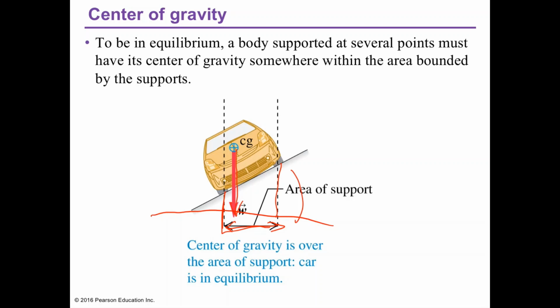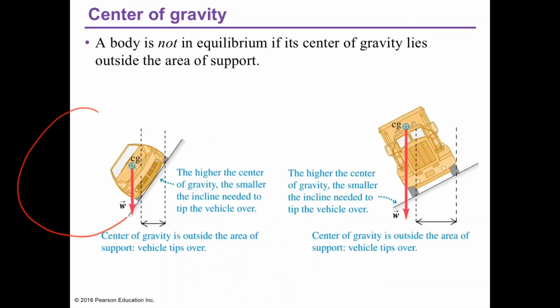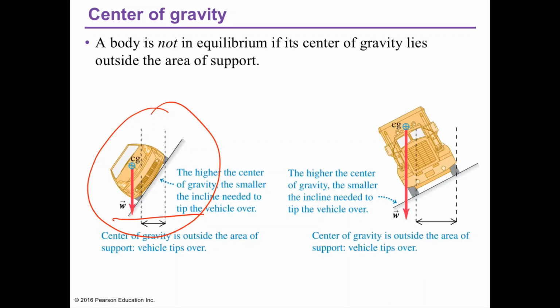However, if the angle is too steep, if it's too large, then your center of gravity falls outside the supporting area, and then the total weight of this object is going to be outside this, and the car will start tipping over around this point of support.